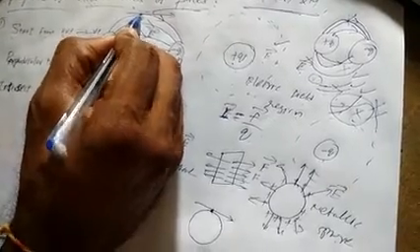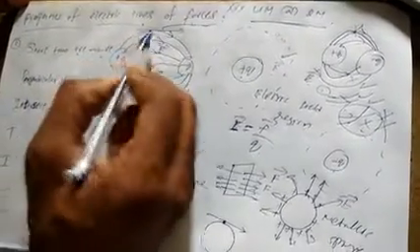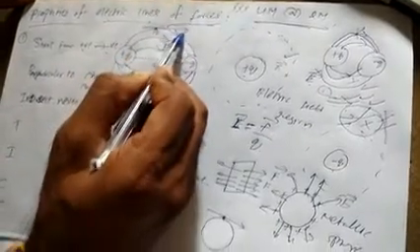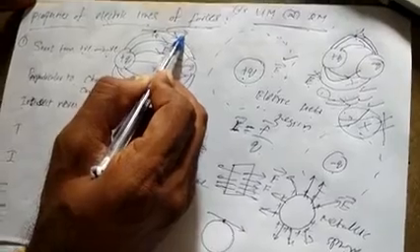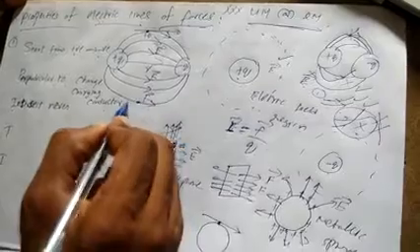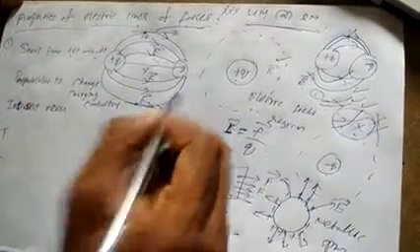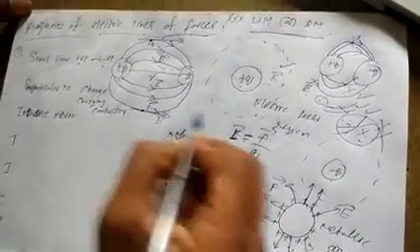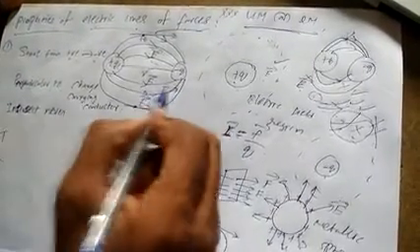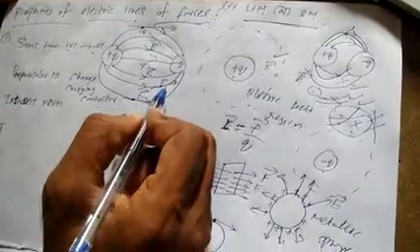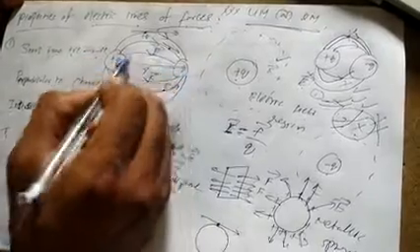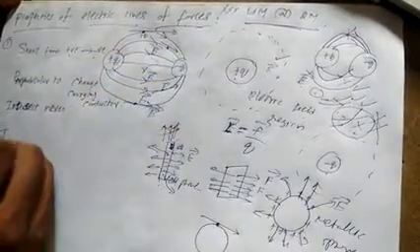And if you take a point here and draw one line here, this will give the electric field line direction. Yes or no? These are tangential lines. Okay, right?